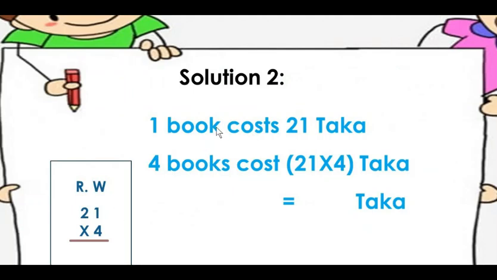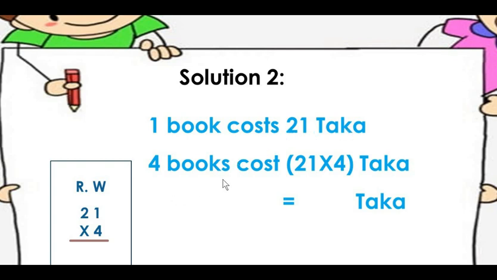Here is the solution of problem number 2. At first we write the statement of the problem, then we will do the calculation and last we will write the answer by following the question. So the statement is 1 book costs 21 Taka.